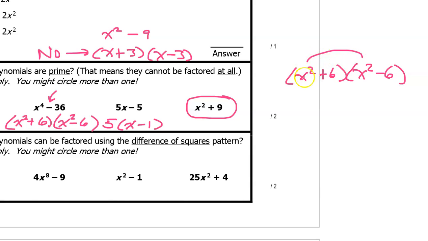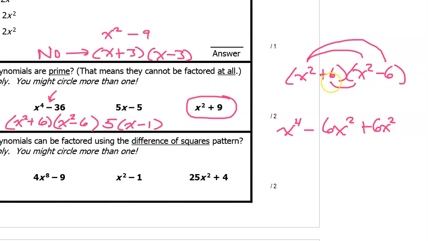If I do my distributive property, x squared times x squared, that is x to the fourth power. And then if I do x squared times negative 6, that's going to give me negative 6x squared. But here's where the magic happens. If I multiply by the positive 6 times x squared will give me positive 6x squared.